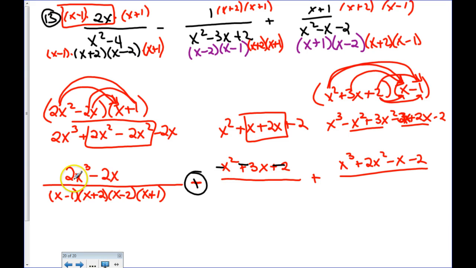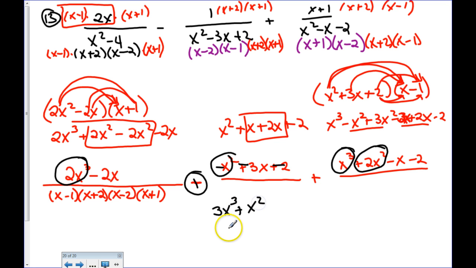Okay, so 2x to the third, what can I add to that one? This could just be the one question that would answer everything for the next two terms. So 2x to the third plus x to the third is 3x to the third. How about x squareds? We got a 2x squared minus an x squared, so that makes it just an x squared.